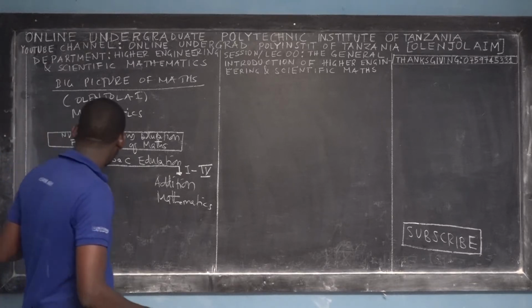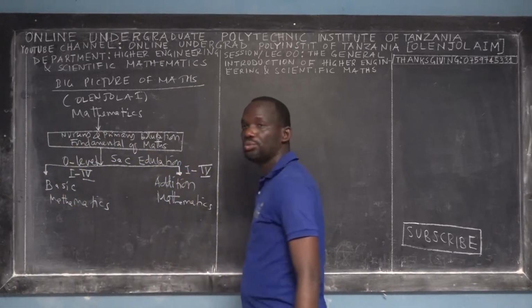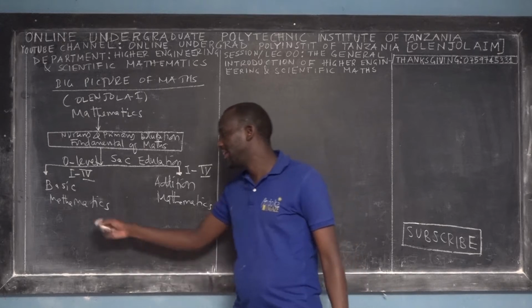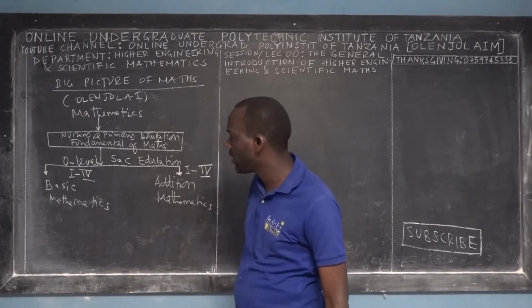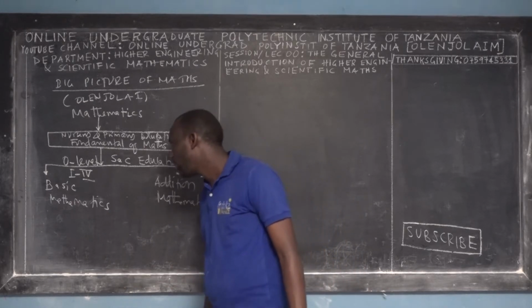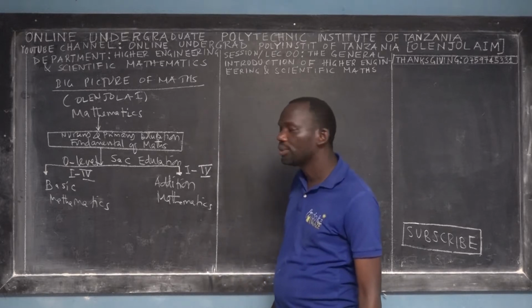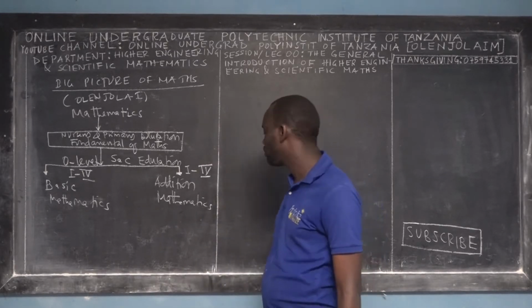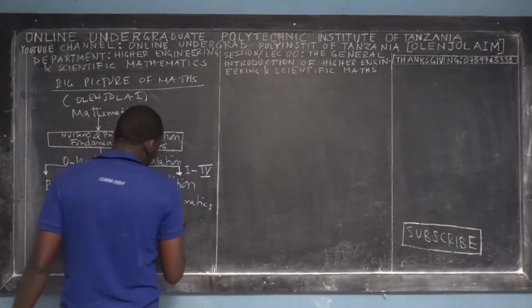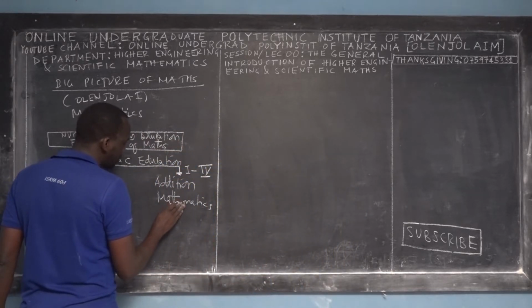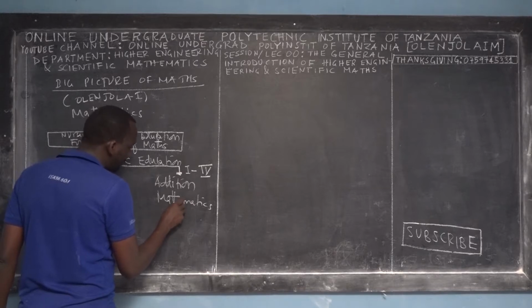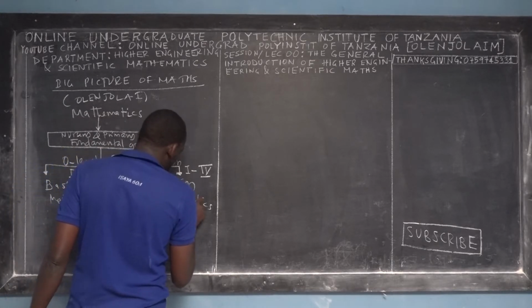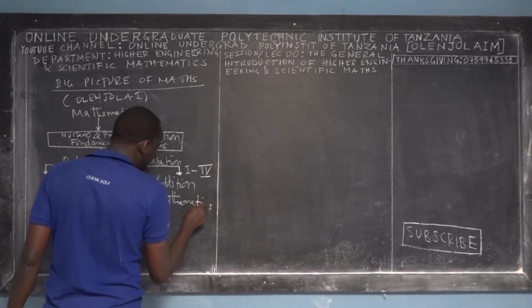Basic mathematics was a compulsory subject for every ordinary level secondary student, right? But additional mathematics was first of all not offered in all schools. At some schools, especially for those lovers of mathematics, they used to learn additional mathematics.